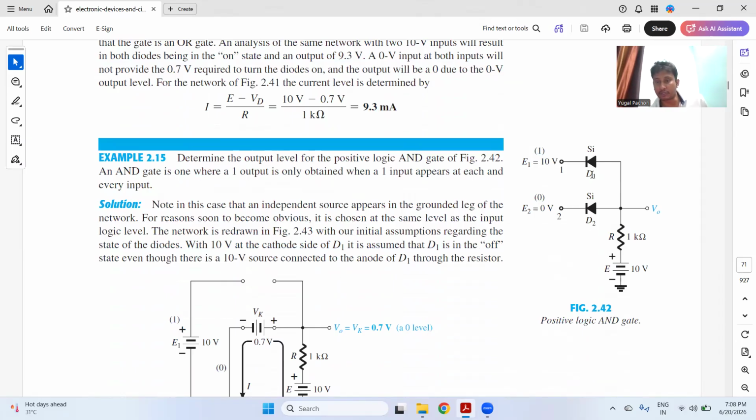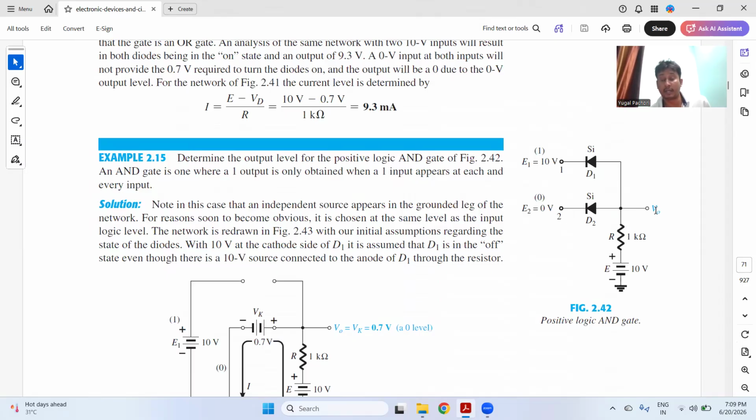And this is the circuit of the positive logic AND gate. Figure 2.42 is acting as a positive logic AND gate. Now you can see, suppose E1 is equal to 10 and E2 is equal to 0. E1 is 10, so this will be reverse biased and will be off. E2 is equal to 0, so this will be forward biased, and you will get the output at 0. So if one is on and the other is off, you get the output as 0.